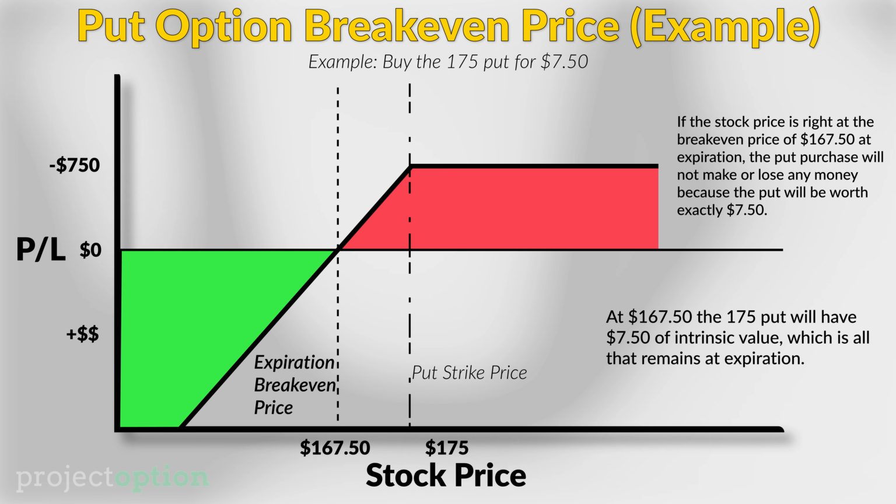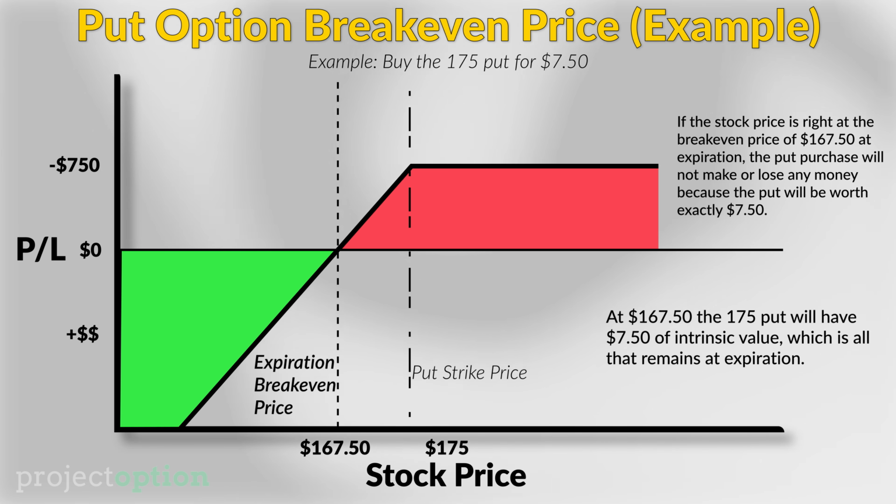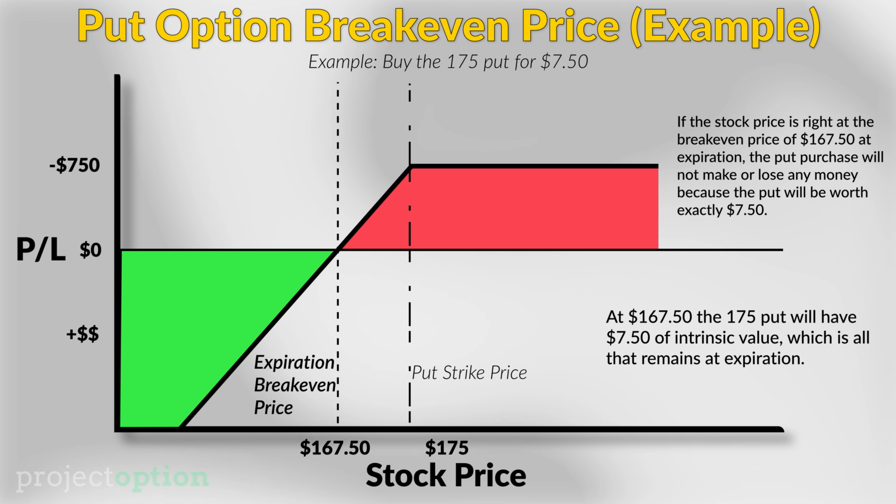And that's because if the stock price is at $167.50 at the time of expiration, then the put option will have $7.50 of intrinsic value, which is all that will be remaining at expiration. And if I buy the put option for $7.50 and it's worth $7.50 at expiration, then I do not have any profits or losses on that trade.